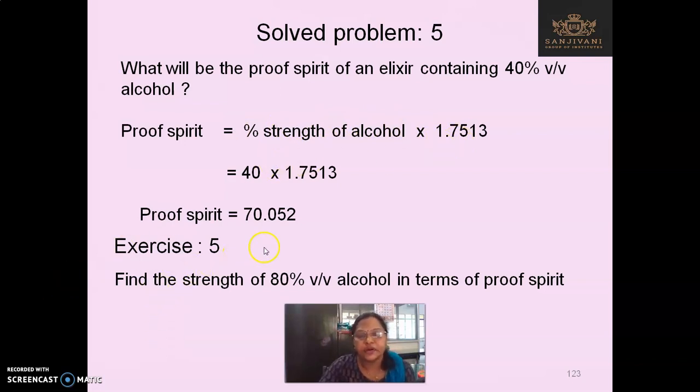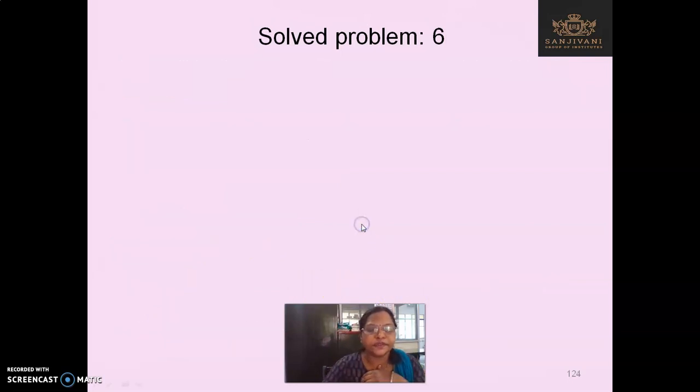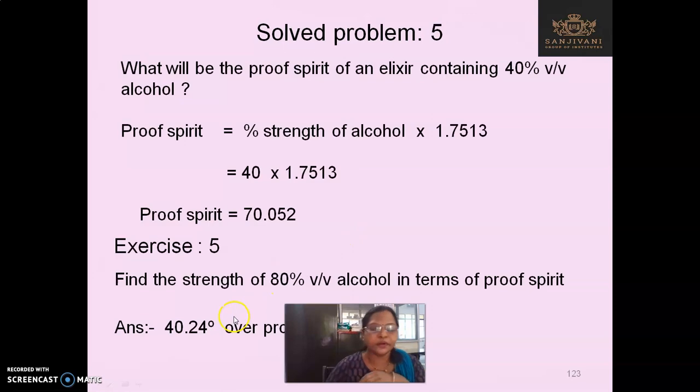Find the strength of 80% volume by volume alcohol in terms of proof spirit. So the answer is 40.24 overproof. Overproof means if the reading is more than 100, if the sign is plus, then you have to write overproof. Okay.